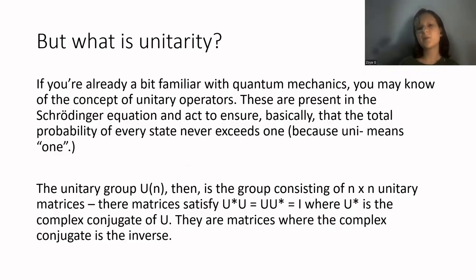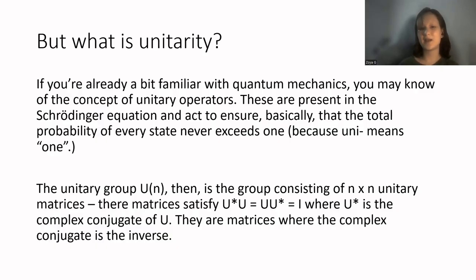If you're a bit familiar with quantum mechanics, you may know the concept of unitary operators. These are present in the Schrödinger equation and act to ensure basically that the total probability of every state never exceeds 1. Right? Because we can't have a particle be in more than one state after we measure it, basically.